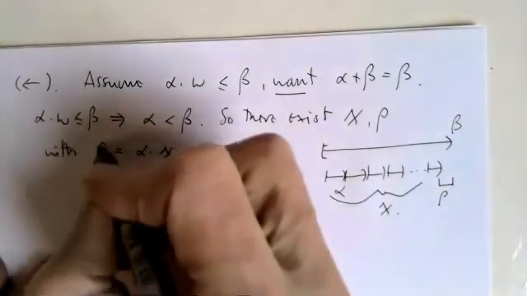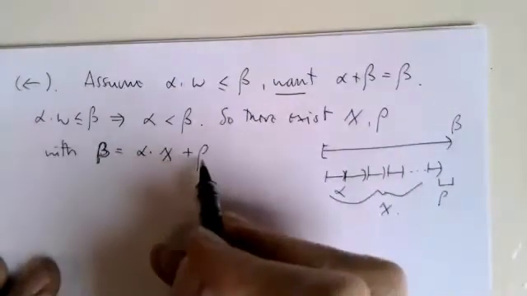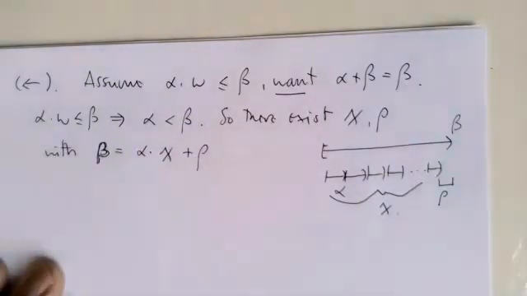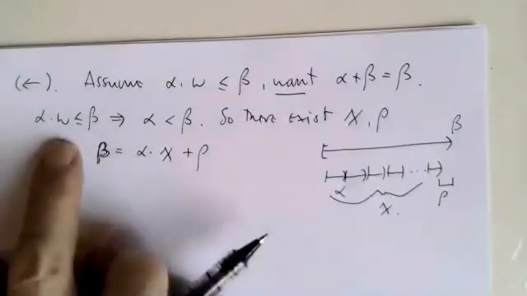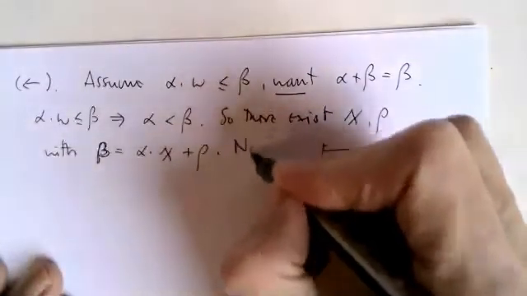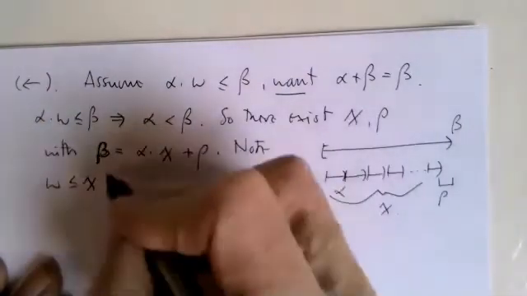Beta is alpha times chi, I mean, it might be exactly alpha times chi, in which case the remainder is 0. Okay, so chi is at least omega, because alpha times omega is less than or equal to beta, by assumption.